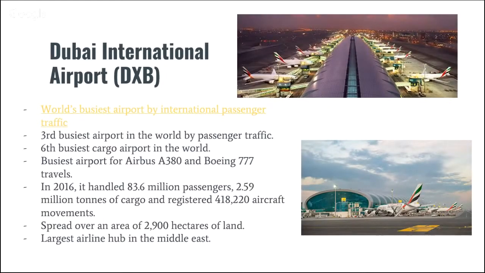It's the third busiest airport in the world, sixth by cargo, and it's also the busiest for the Airbus A380 and Boeing 777. It handles over 83 million passengers per year, and it's spread over 3,000 hectares of land. In the Middle East, it's the largest hub for airlines, and it's the main hub for Emirates Airlines.